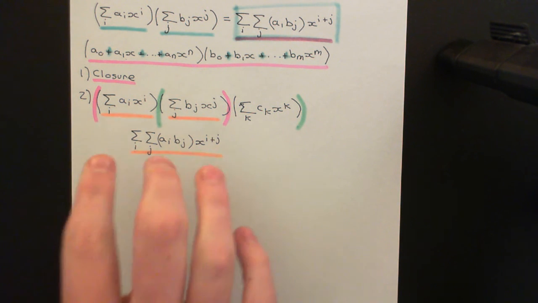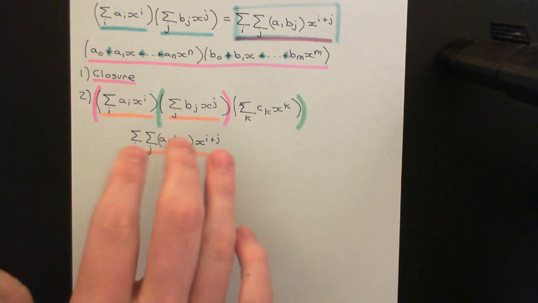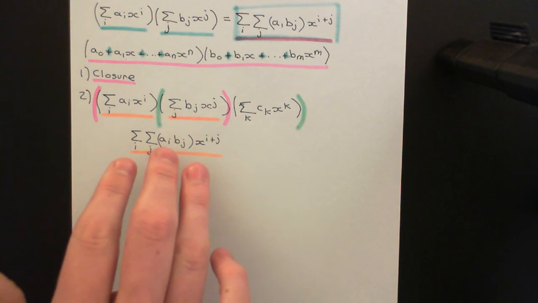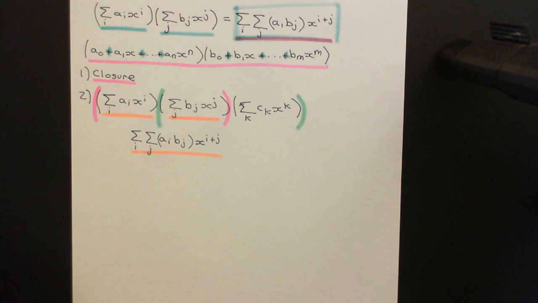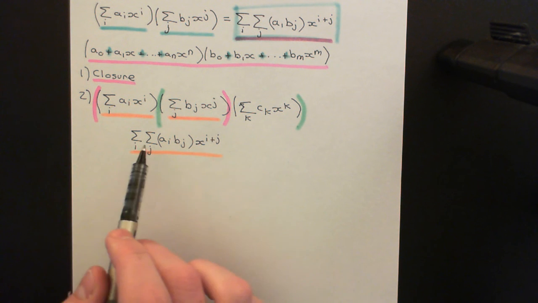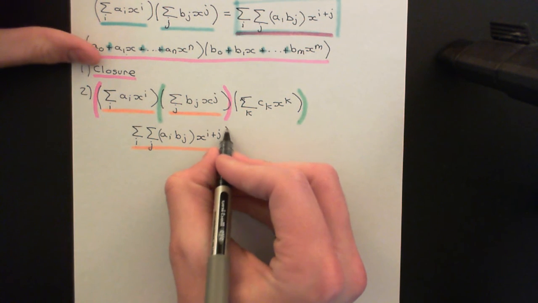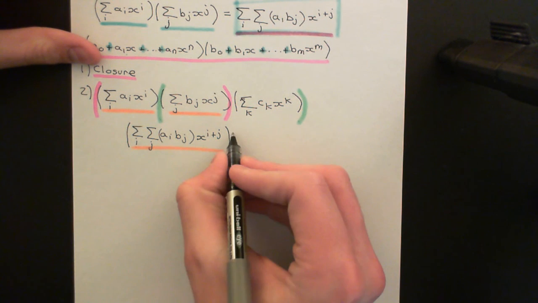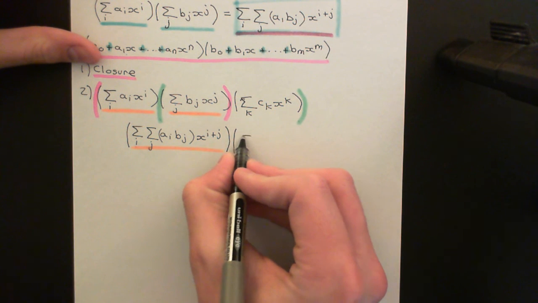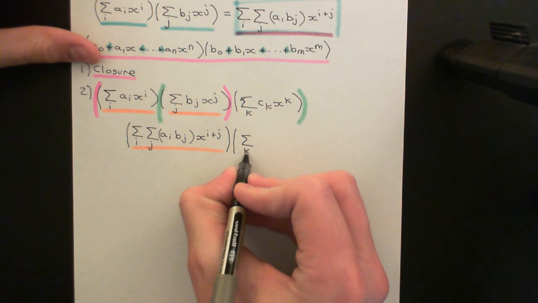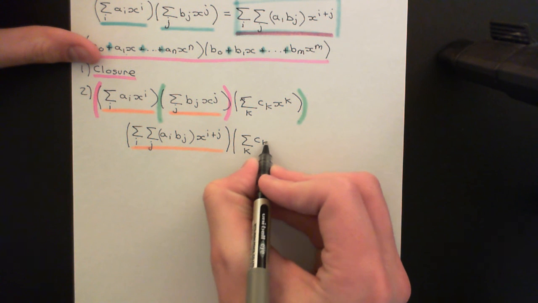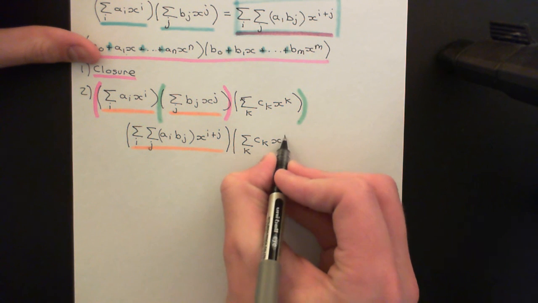Okay, so this isn't the final answer, this isn't the final abstract symbol answer, but you can use this to actually end up with the final abstract symbol answer just by adding together all of these monomials in the ring of polynomials. Okay, then what we want to do is take this and we want to multiply that with this thing here. So we want to multiply that with the C polynomial here, c_k x^k, like so.